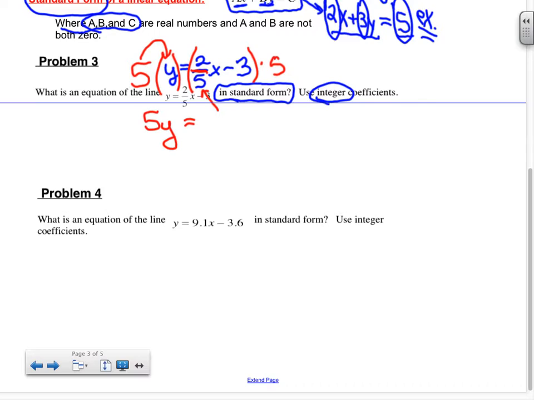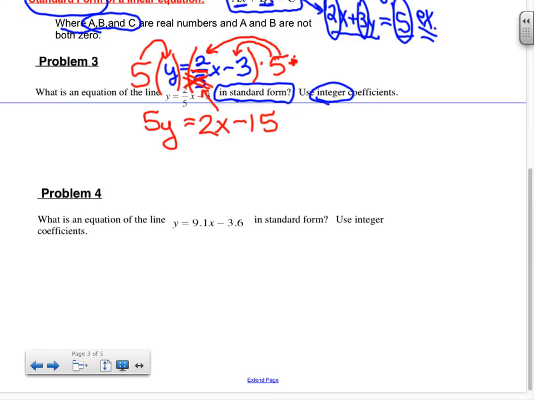Here, 5 times 2/5. Well, the 5 will cancel with this 5 right here. I'm not going to cancel it out, not yet. So this 5 and the 5 on the bottom cancel out. So all you have left is 2x. Now the 5 is still there. Now 5 times negative 3 is negative 15. Okay?